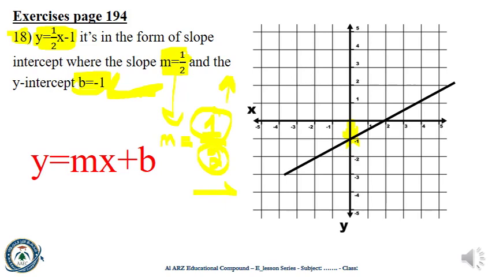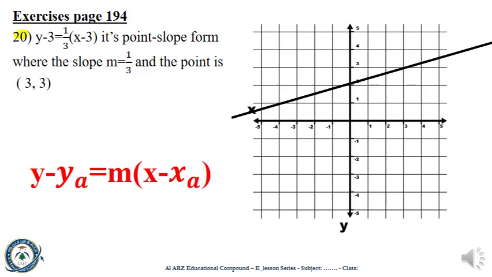And 2 always refers to the number of steps to the right. So I'm going 1 step upwards and 2 steps to the right, reaching this point right here. And when I connect these two, I get the graph of this line.